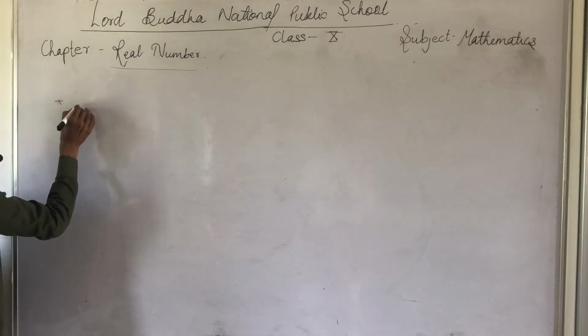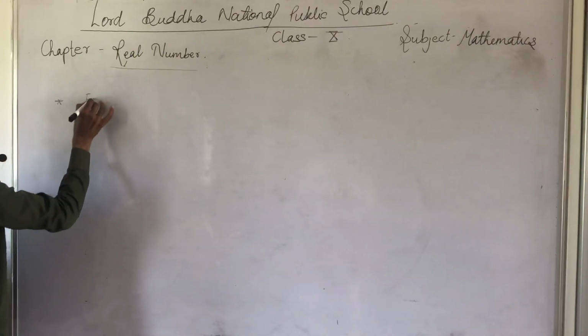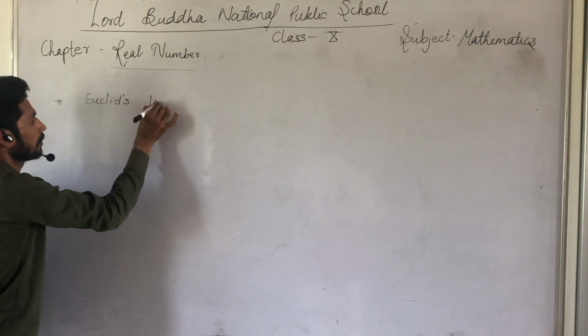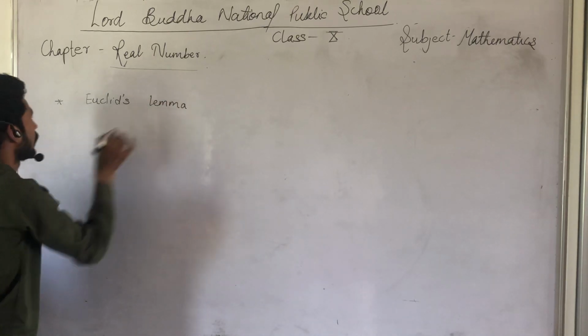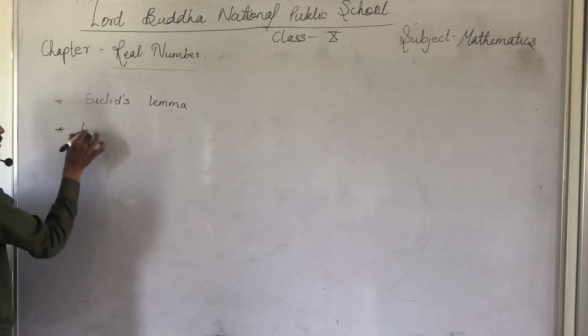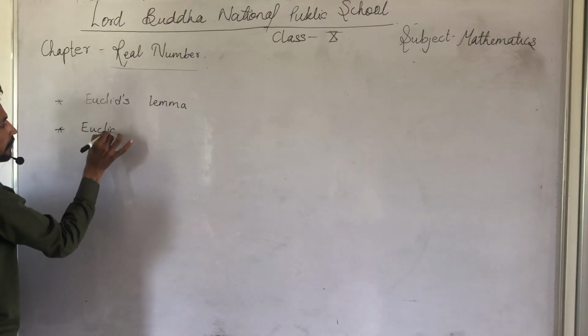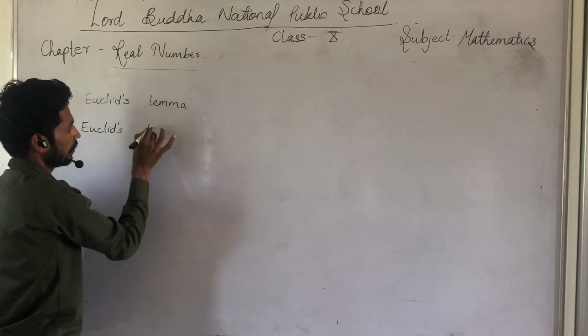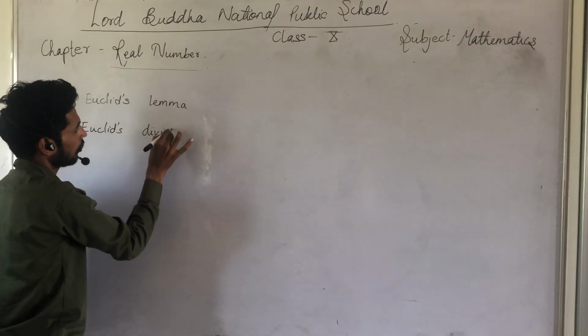First is Euclid's lemma. Second is Euclid's division algorithm.